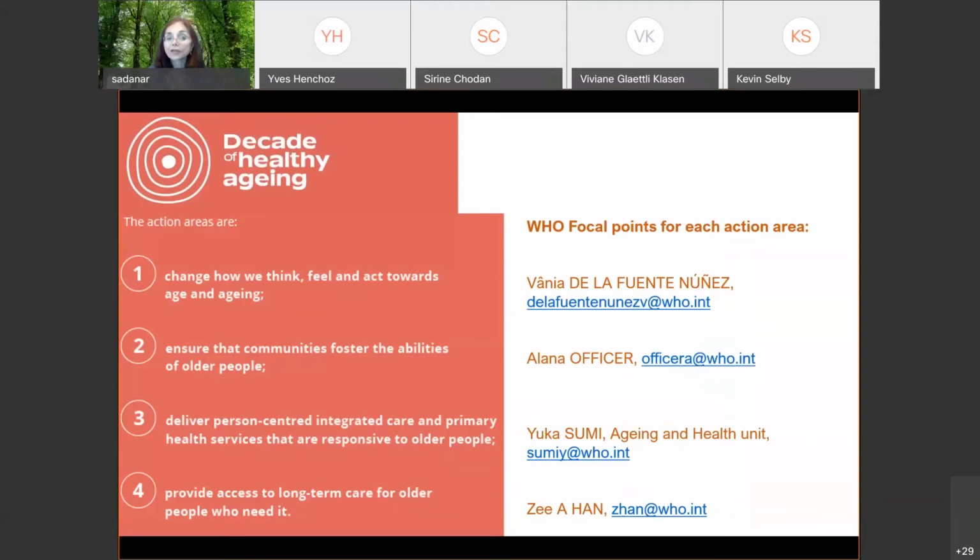A third area is about delivering person-centered integrated care and primary health services that are responsive to older people.